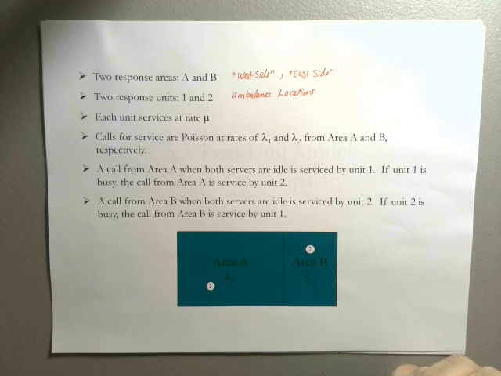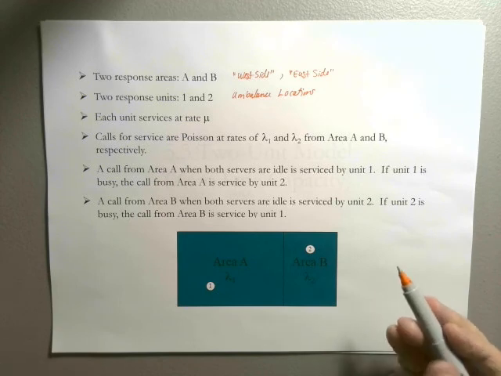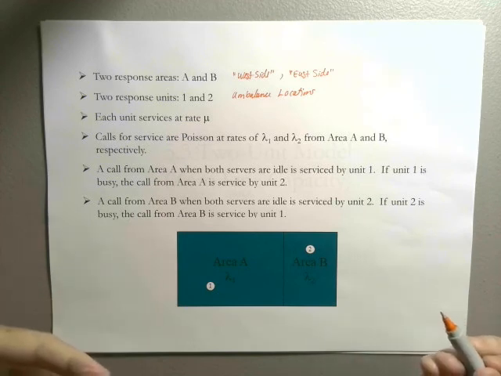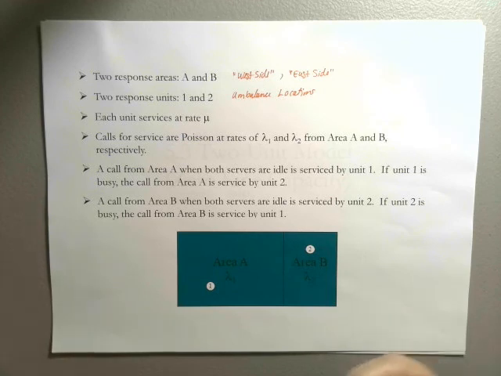The calls for service are going to be Poisson, meaning that the number of calls is Poisson, so the inter-arrival times of calls will be exponential, same thing as the M from Markovian. But this time we're going to differentiate.